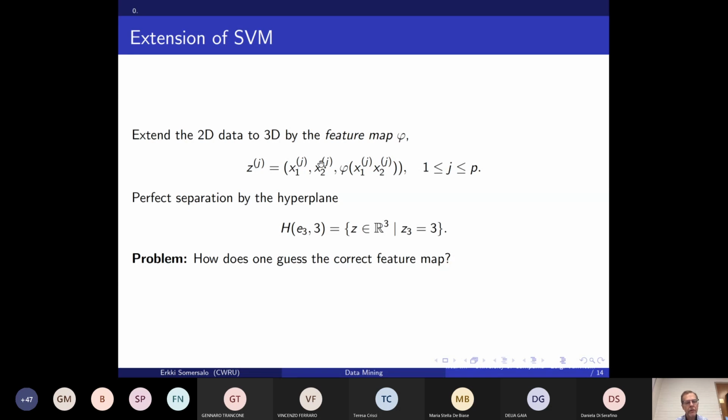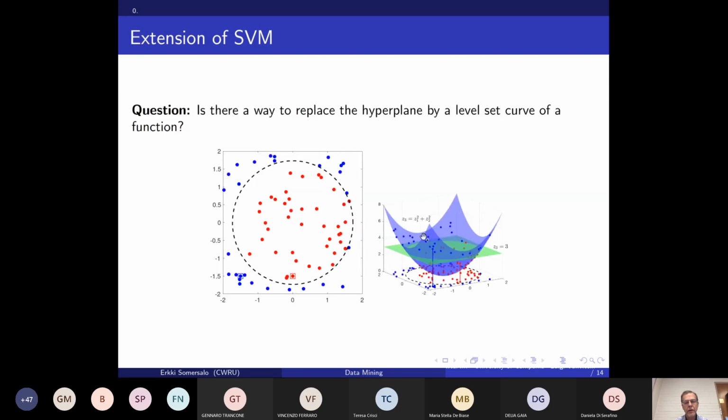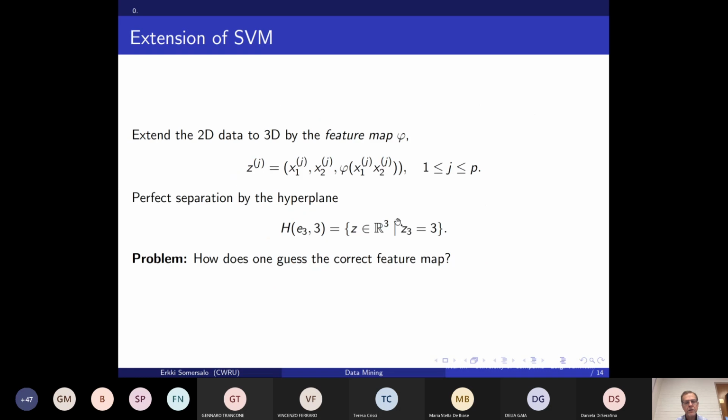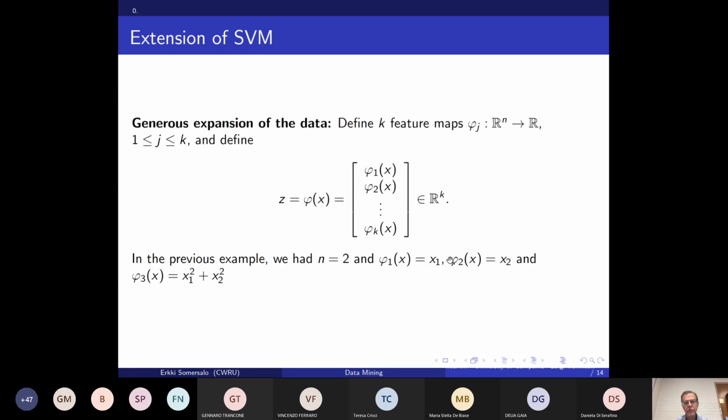The second feature map is picking the second component, and the third feature map was taking the first square plus the second square. So here we had 3 feature maps where phi1 and phi2 were just picking the components. But in general, you can have a huge amount of feature maps, and then you just let the algorithm decide which one of those feature maps it wants to use to do the separation.